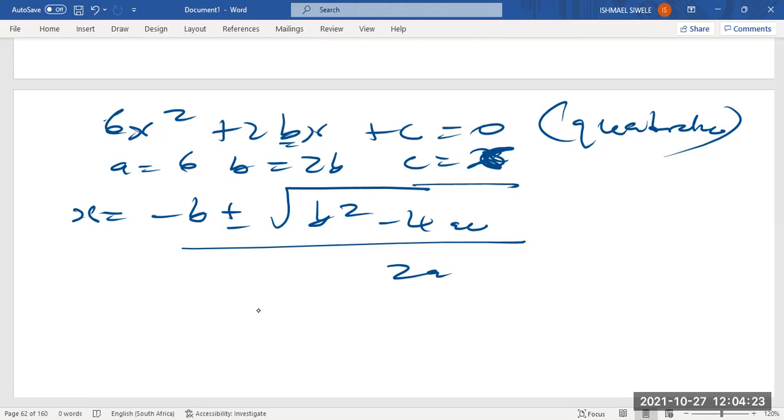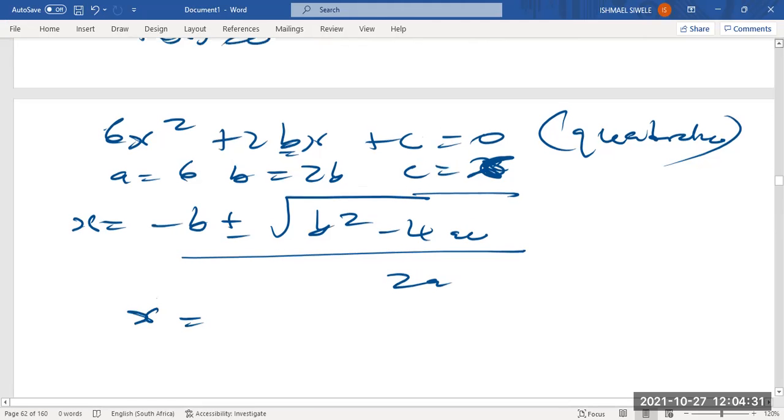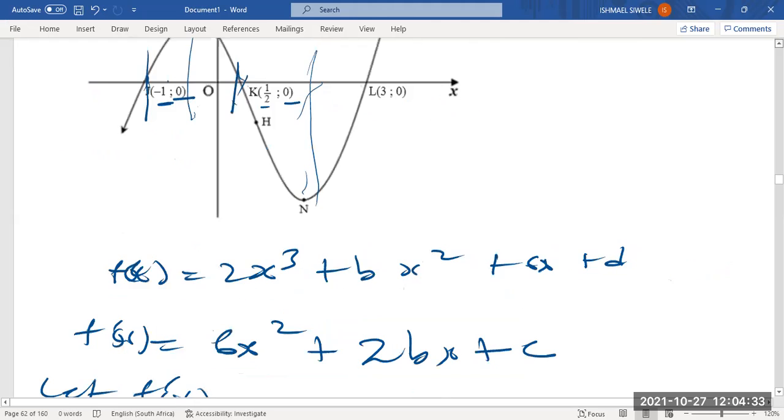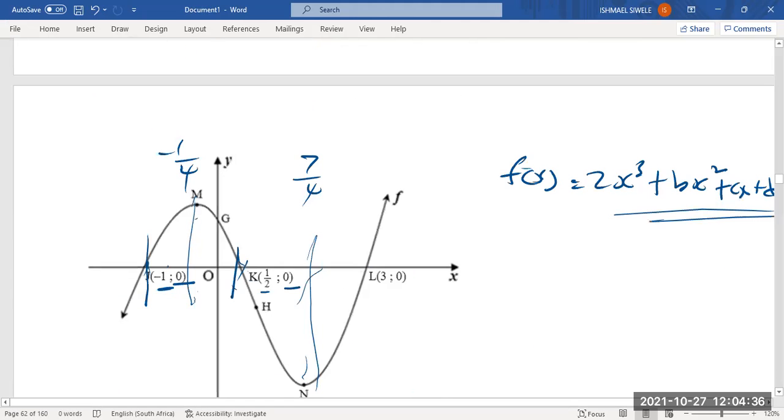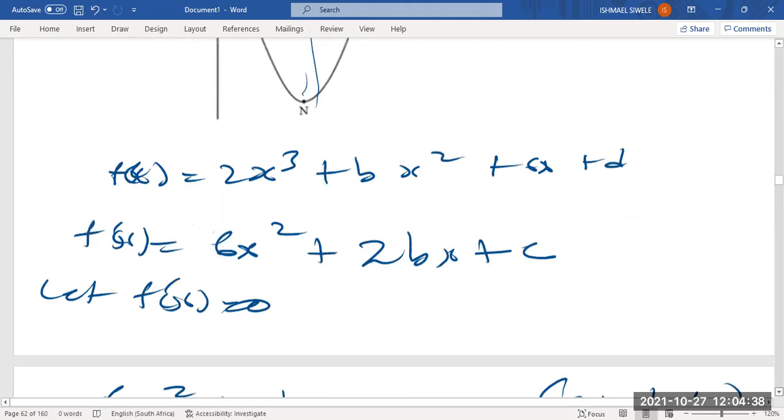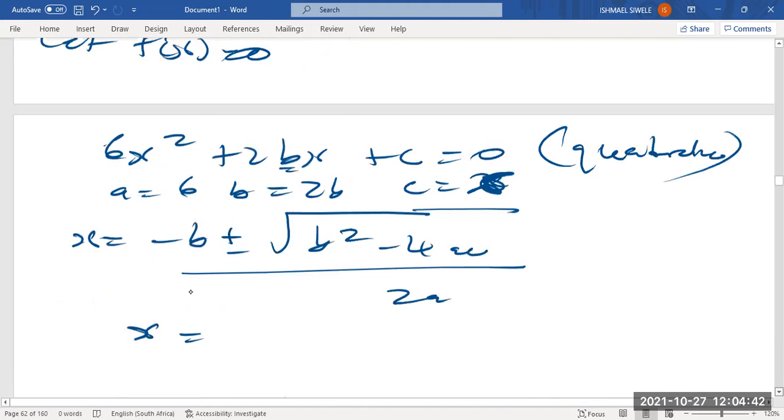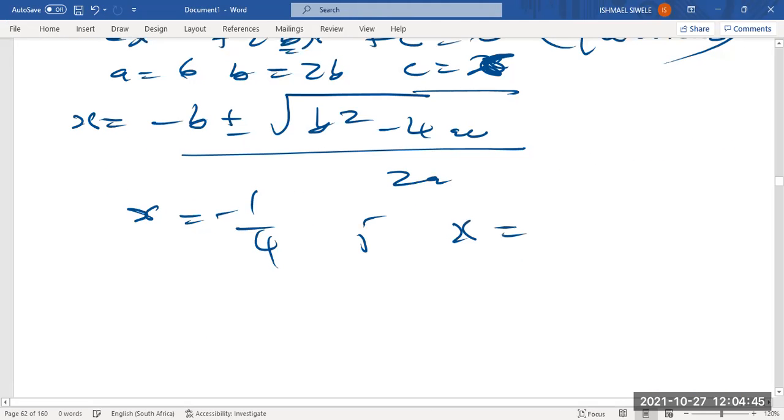So let's see what values we have. We found that our x values are negative 1 over 4 and 7 over 4, right? So let's start with the negative 1 over 4 one.